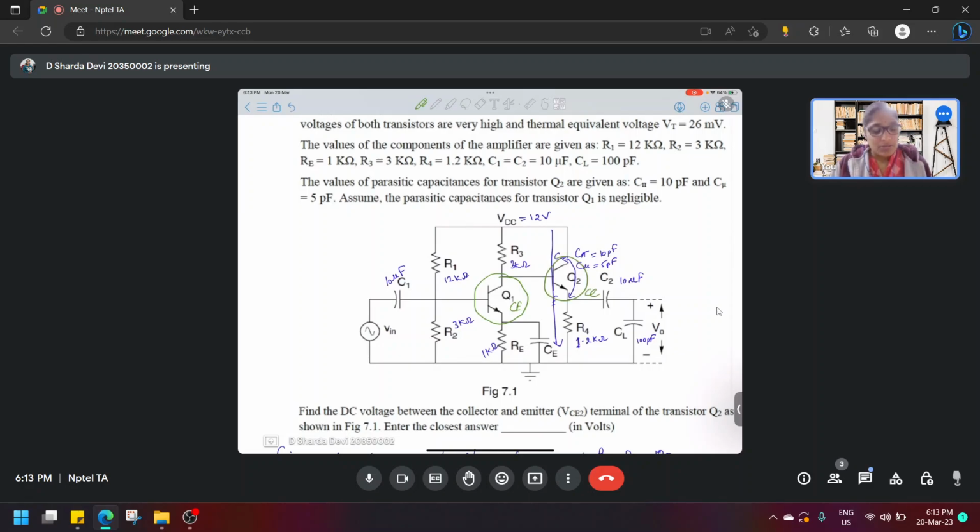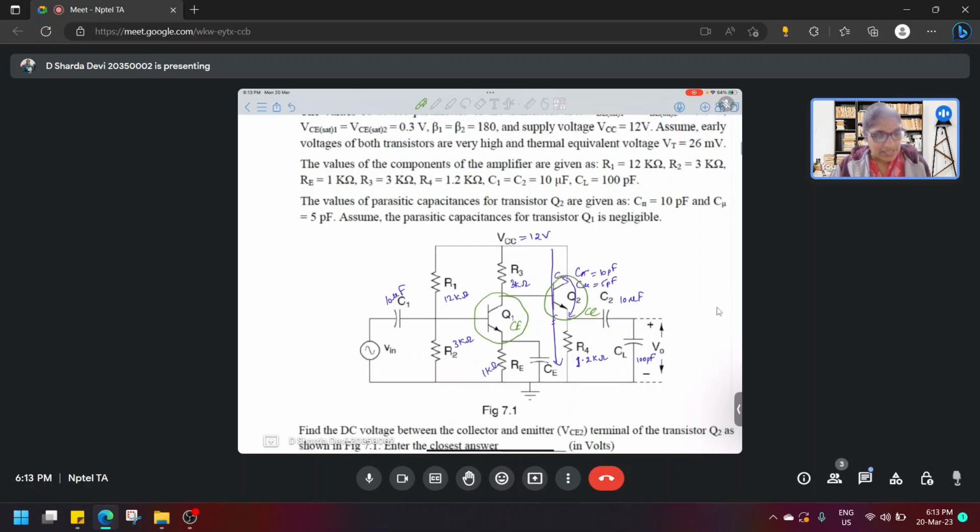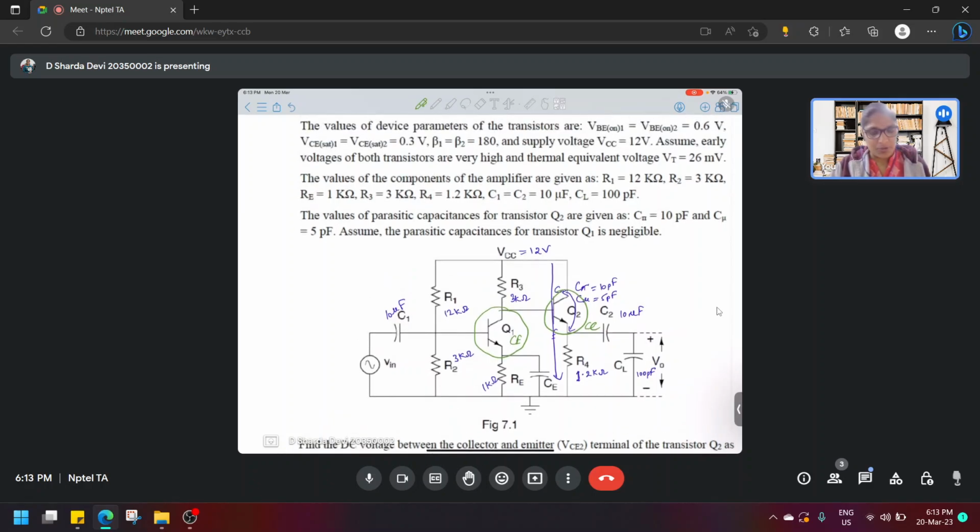In this particular circuit, I just defined what the givens in the problem are. We have all the resistor and capacitance values given to us. We are considering that Q1 doesn't contribute any parasitic capacitances, whereas Q2 has C pi and C mu values, as you can see I have written on the circuit.